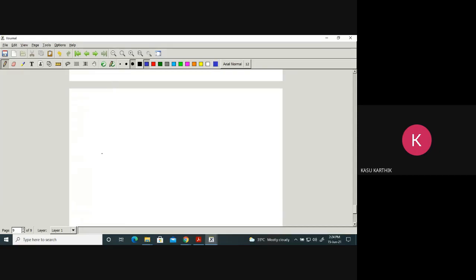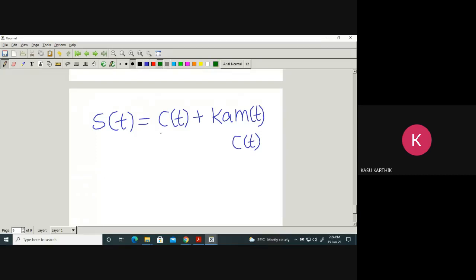If you look at this S of t, you are transmitting C of t plus Ka into m of t into C of t. So this equation contains this term also. This is a pure carrier or unmodulated carrier. Now this term is modulated.